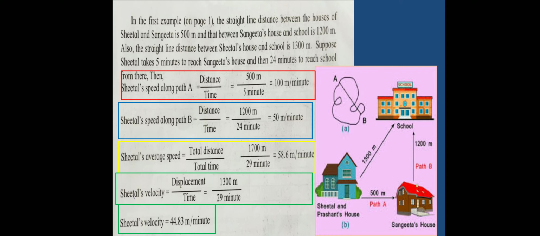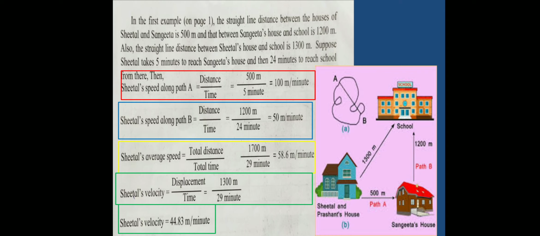From this we can calculate Sheetal's speed along path A. You can see in the diagram, Sheetal first travels to Sangeeta's house, and this distance is 500 meter, and the time required to cover this distance is 5 minutes.